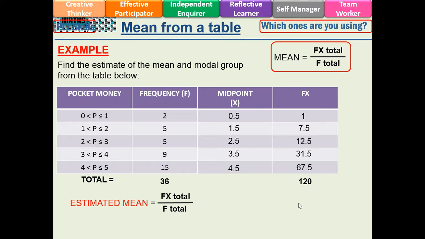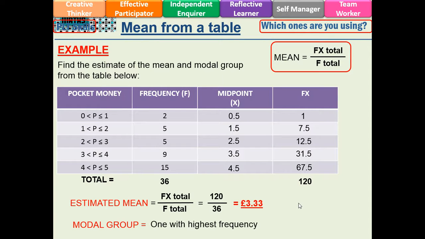The estimated mean is equal to fx total divided by f total. That would be 120 divided by 36, and that would give us an estimated mean of around £3.33. And the modal group would be the one with the highest frequency, like we mentioned, and that would be 4 to 5 pounds. I hope that makes sense.